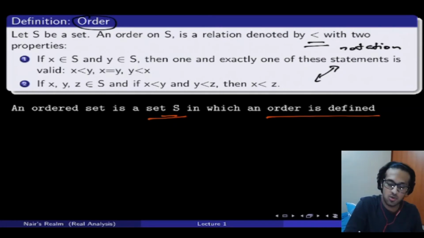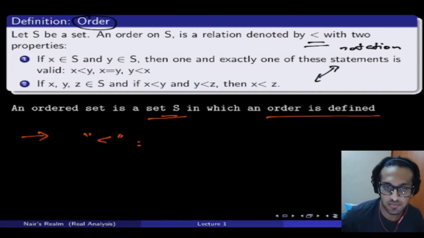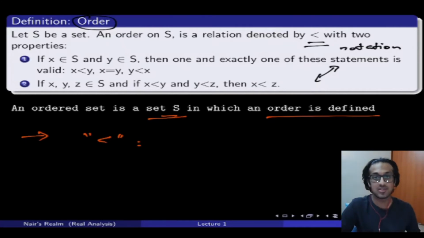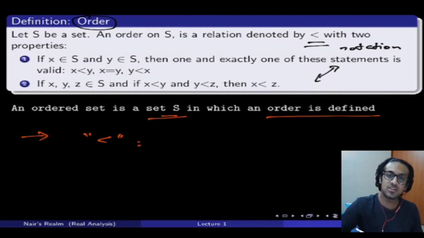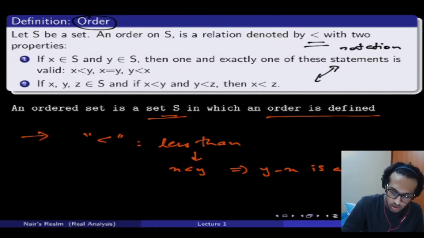I'd like to mention one thing here, which is of importance to us, and it's about this relation symbol. From our high school and middle school days, or from when we were kids and learnt about numbers, we've always been taught that this means less than, in the sense that if x is less than y, that implies y minus x is a positive number.